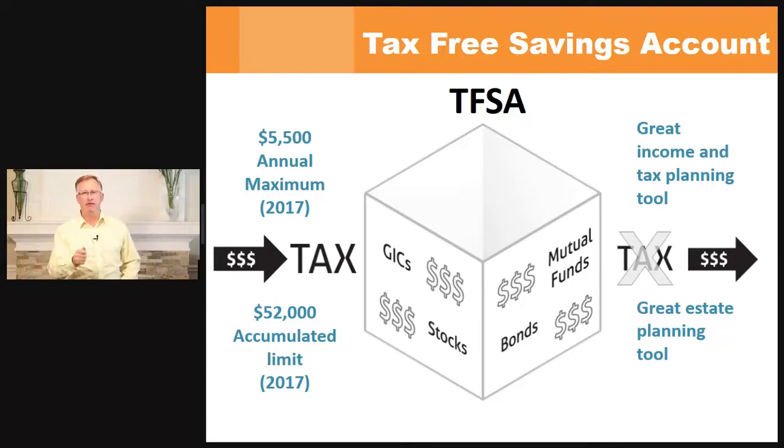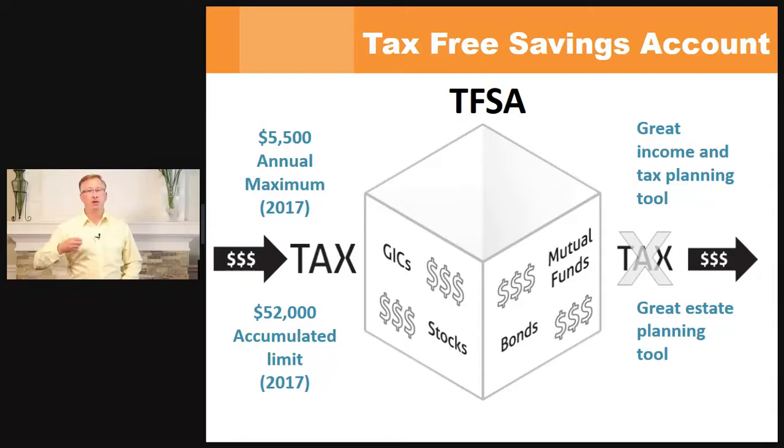Let's say you put $5,000 into your tax-free savings account, and then a year later you took it out to pay for your vacation. Where do most people put their money? They put it into a savings account. How much is a savings account paying in interest now? Maybe 0.5% if you're lucky, right? So that $5,000 is going to generate about $25 in interest throughout the year.